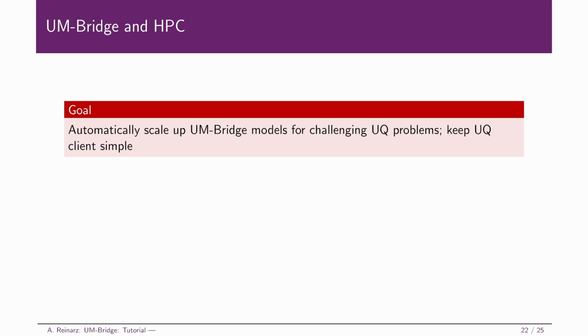And this means that you're probably going to have to move to some form of high-performance computing facility. Whether that is in the cloud or a traditional system is irrelevant for that. And while we're doing that, we want to keep our UQ client simple, so you can just continue doing the same things that you've always done, just now with a lot more power behind it.